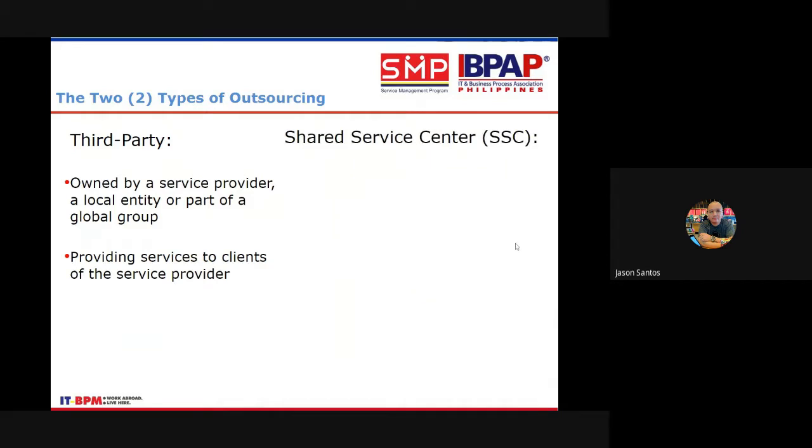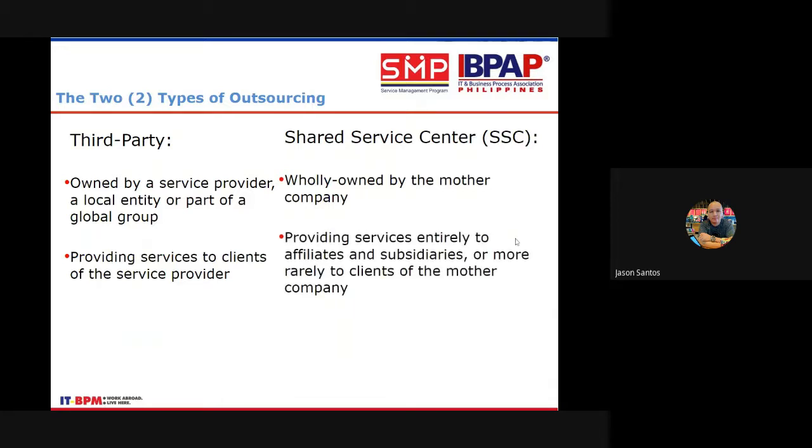And then the second type of outsourcing is what we call the shared service center or SSC. So when you say SSC or shared service center, they are wholly owned by the mother company. And they are providing services entirely to their affiliates and subsidiaries, or more rarely to clients of the mother company.